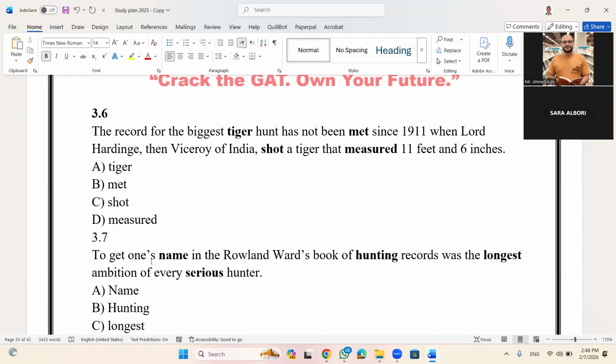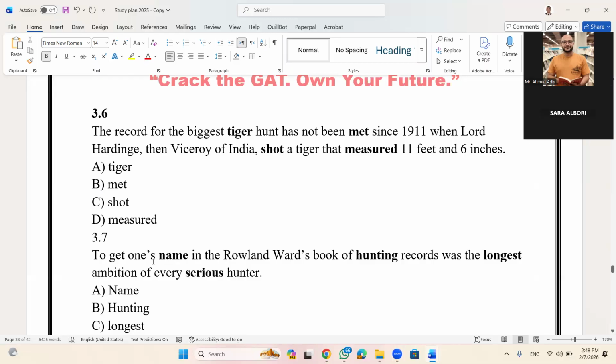It's about hunting the biggest tiger in India. All right, it is about hunting the biggest tiger. So now let's read it.